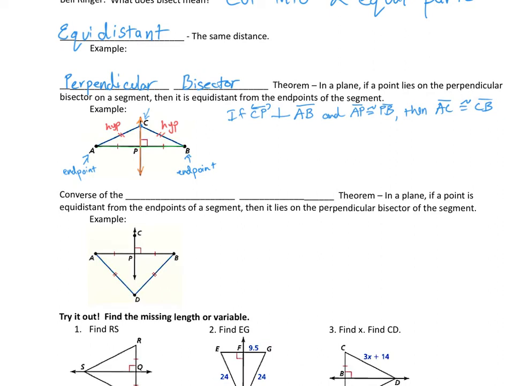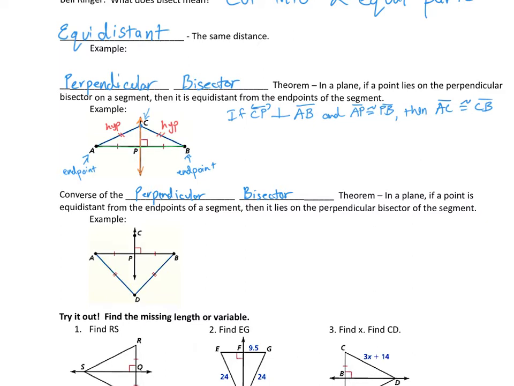Now our converse of that, right? Our converse of the perpendicular bisector theorem says, in a plane, if a point is equidistant from the endpoints, then it lies on the perpendicular bisector.